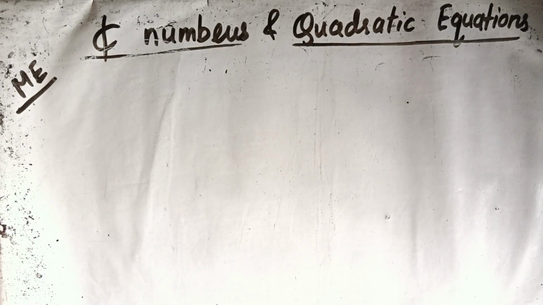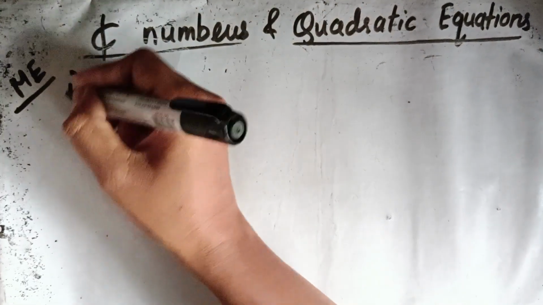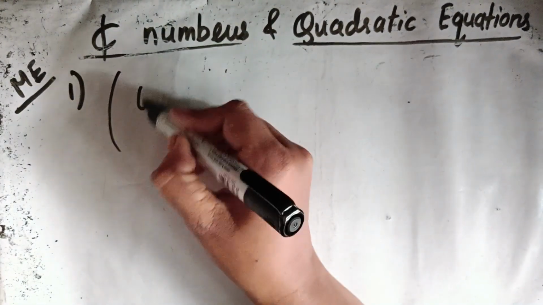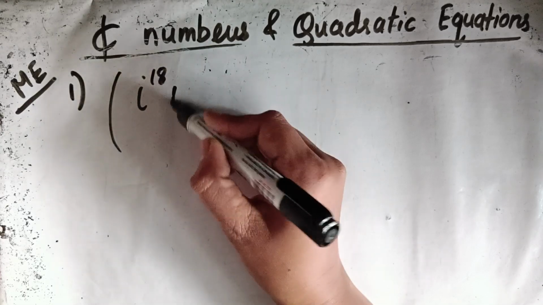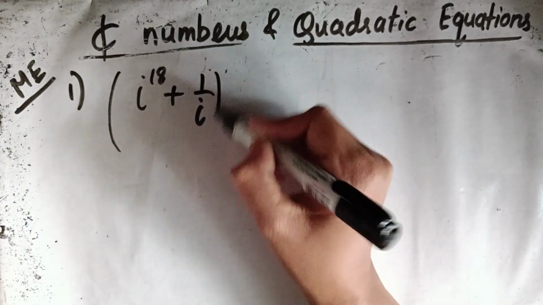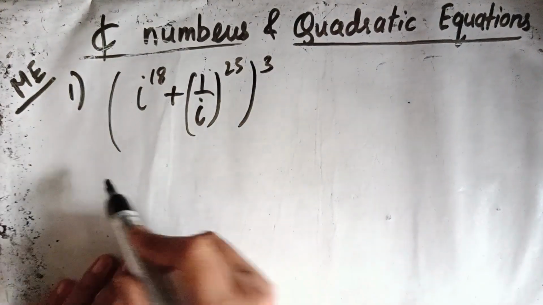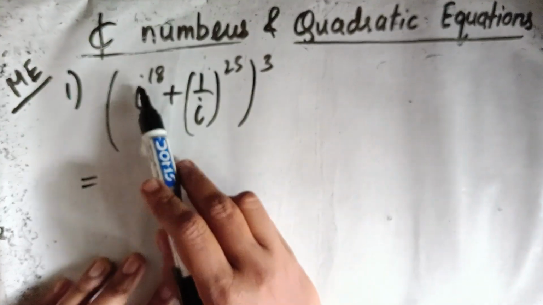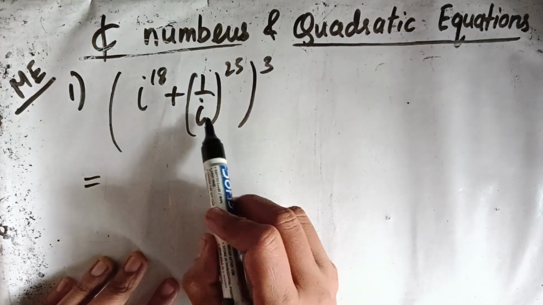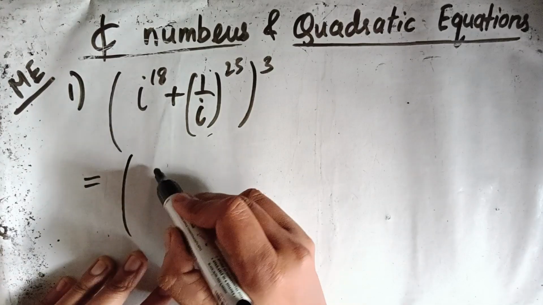Let's solve the miscellaneous exercise. First question. I raised to 18 plus 1 upon I raised to 25, the whole raised to 3. Okay. First you evaluate the things which are inside the bracket. So this is very easy.